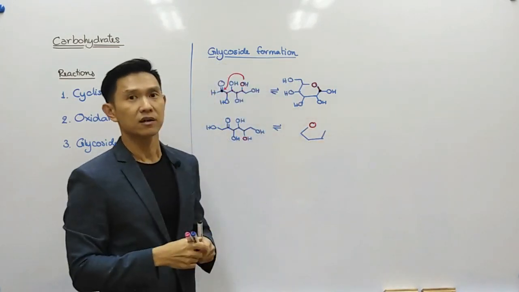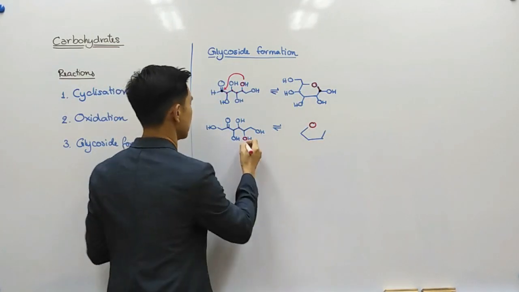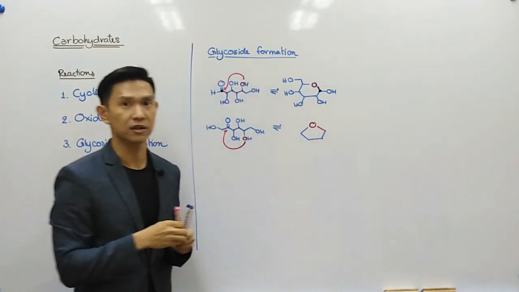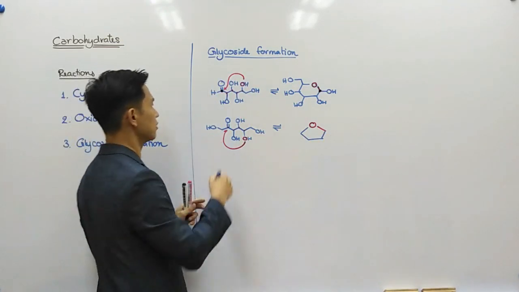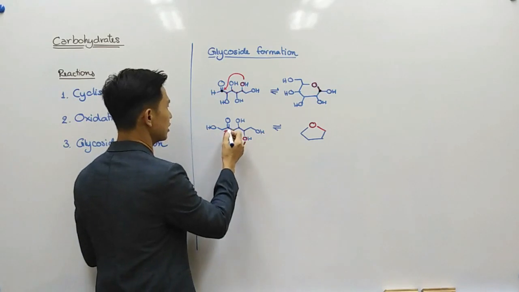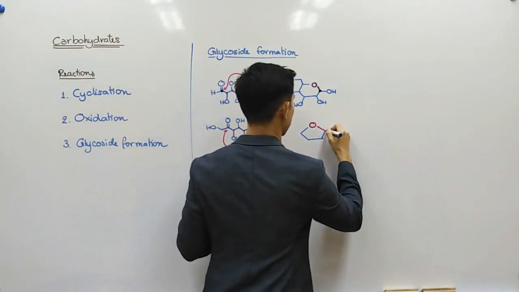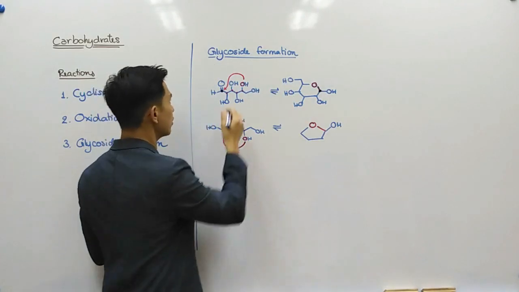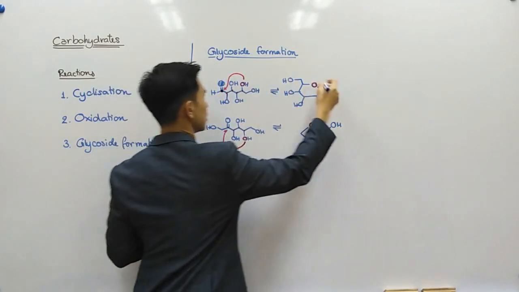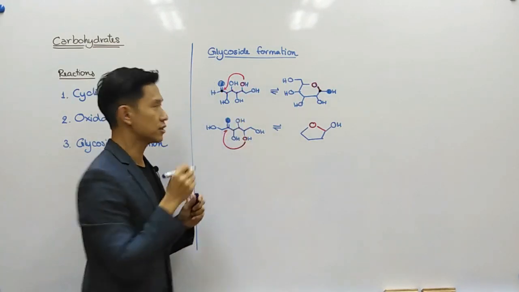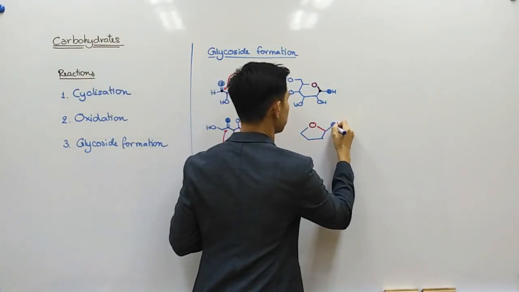So again, the pink oxygen reacts with the carbonyl, like this. And now the carbonyl double bond is released to be a single bond. This is OH of that one. I will label the carbonyl oxygen with blue color, so you can track back easier.